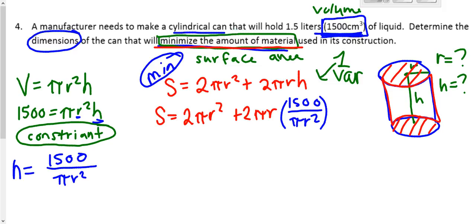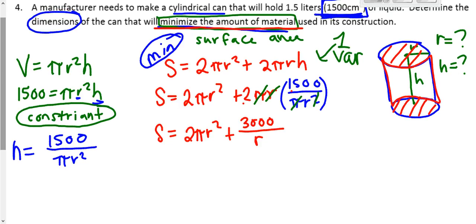We have multiplied by pi divided by pi. Those can cancel. We have multiplied by r divided by r squared, so we'll leave one r on the bottom. So our new surface area that we'll take the derivative of is 2 pi r squared plus 2 times 1,500, which is 3,000, divided by r.